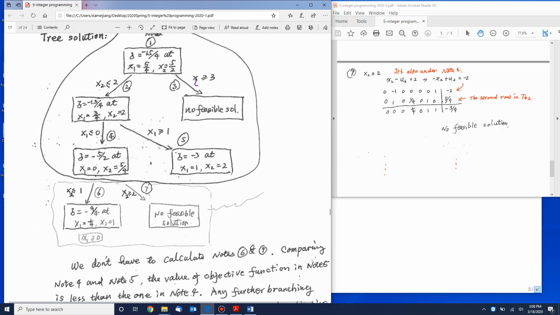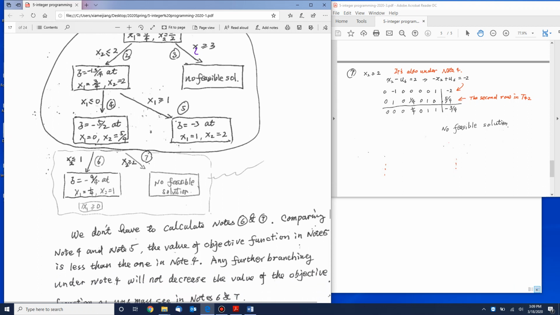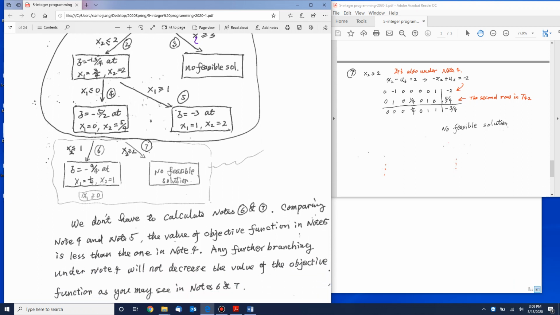And if we do further work and branch, we will get the z value bigger than the z value at the fourth node. So there's no reason we want to go further. So here I wrote what I want to say, that is, we don't have to calculate nodes 6 and 7.